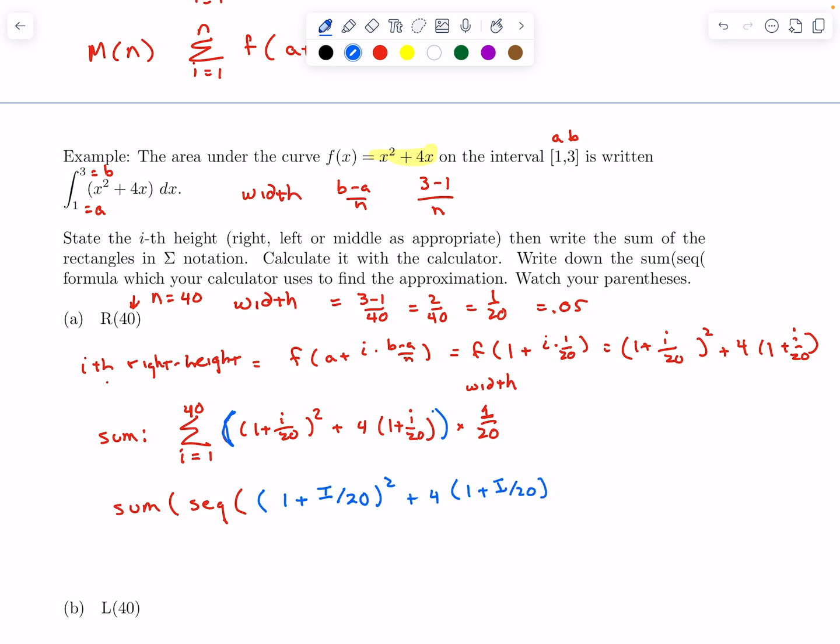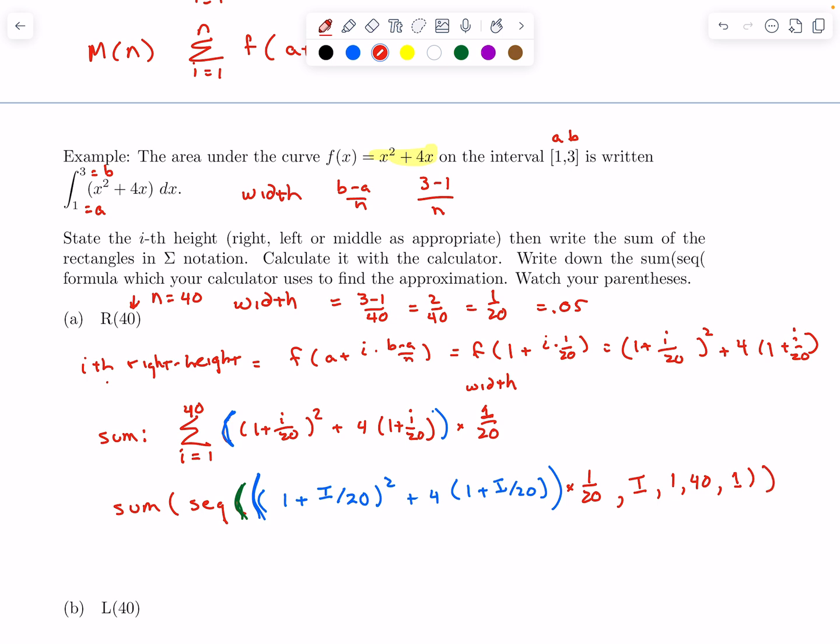Problem, we've got even more parentheses. So let me just mark the sequence parentheses in green. We still need the blue parentheses. And then times 1 over 20. And then the variable, you have to type what variable you're going to be using, and the bounds. And the step, and I talk about the step in the handout also.